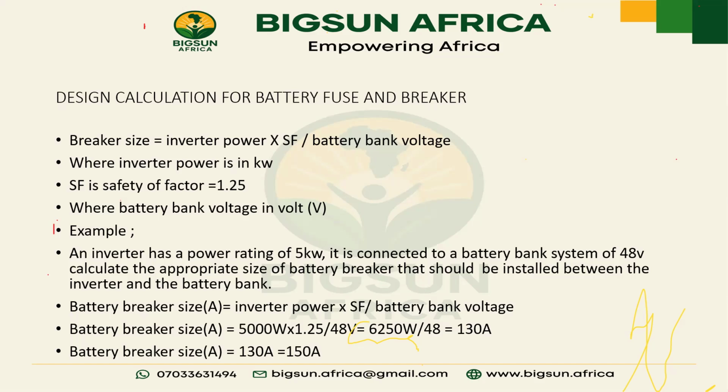So your inverter is doing one thing at a time while the sun is on. Or you can say there is NEPA, and then there is sun during the day, right? So the DC is coming in, the AC is coming in, right?